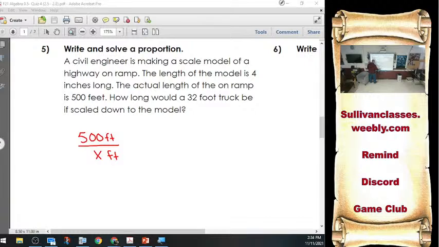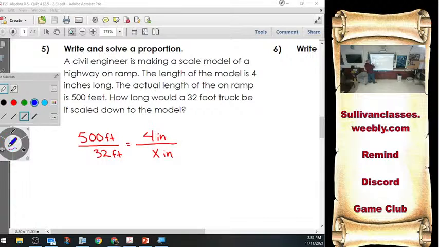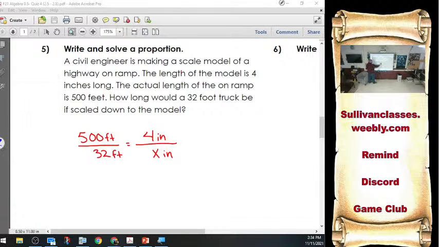Oh wait, we know the real truck. We're trying to find the model. So then, if this is ramp to truck, I better say the same thing. If I did ramp to truck, I better say the ramp is 4 inches to the truck is X inches. And then, Jesus fish.